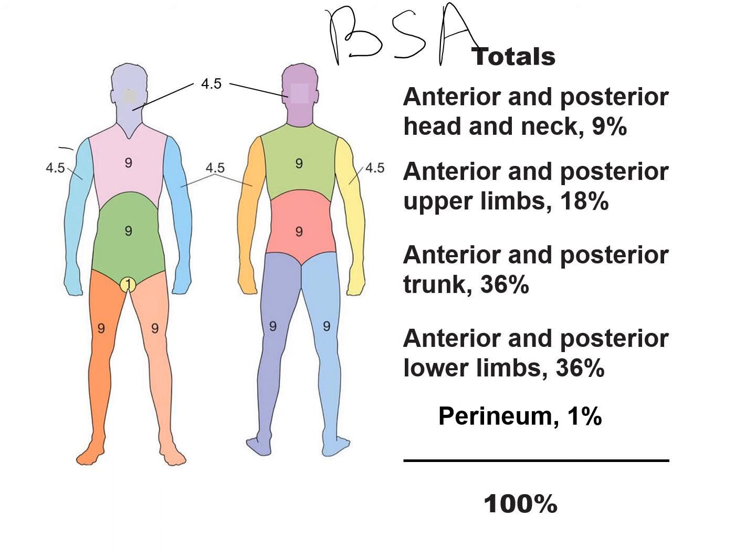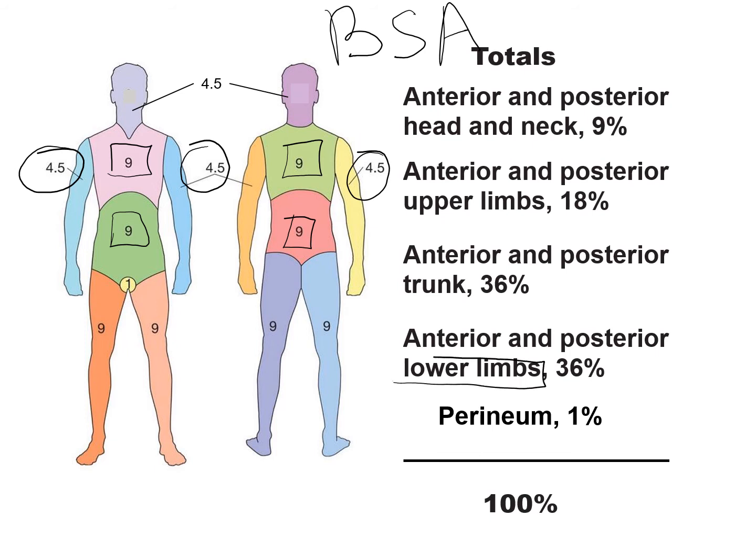So here, right arm 4.5, left 4.5, and this is the posterior view, again 4.5 and 4.5. So that's 9%. Then the thoracic region is 9%, anterior part, posterior part is 9%, abdomen is 9%, posterior trunk is 9%. Now, lower limbs are a pretty big part of your body, so each one is 9%.